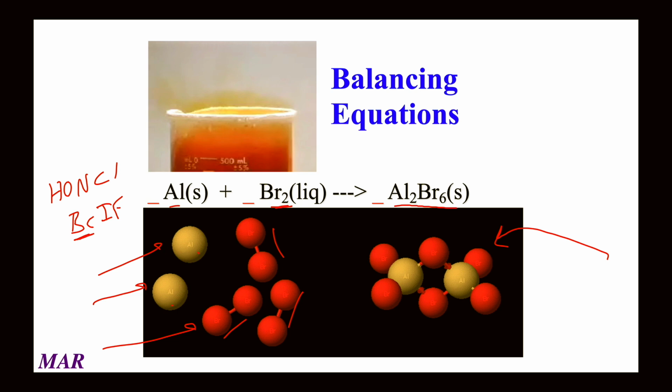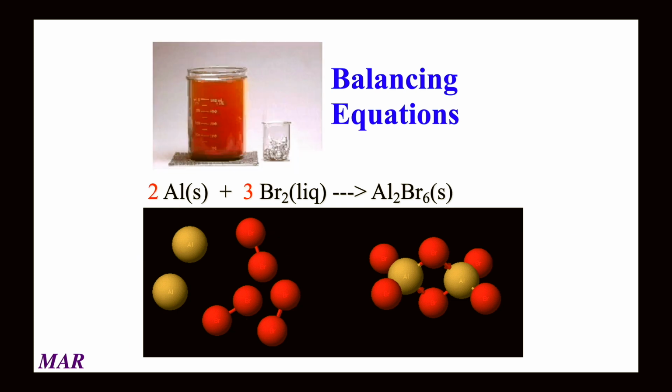So when we want to fill in these coefficients, we're going to have 2 aluminums because there's 2 gold atoms and 3 Br2s because that's how many bromines we need to make 1 Al2Br6. And you don't usually write a 1, but that's what you would do. And so when this reaction is written as balanced, 2, 3, and an invisible 1 would be our coefficients.